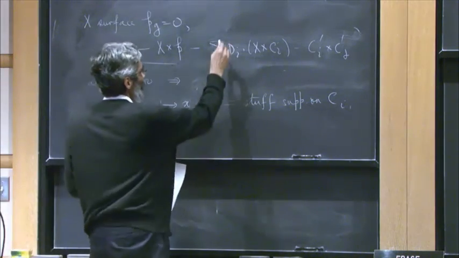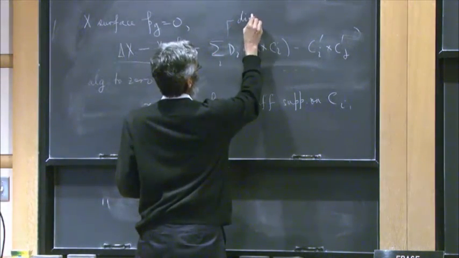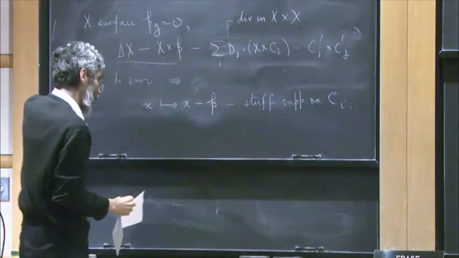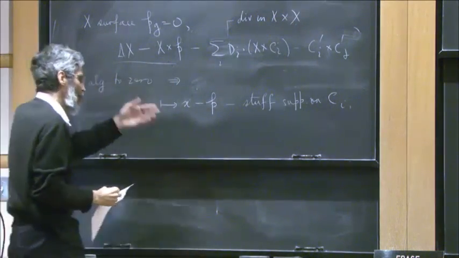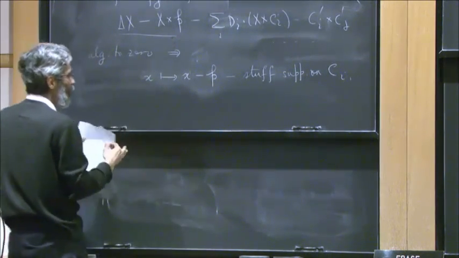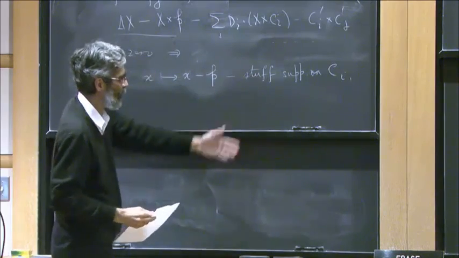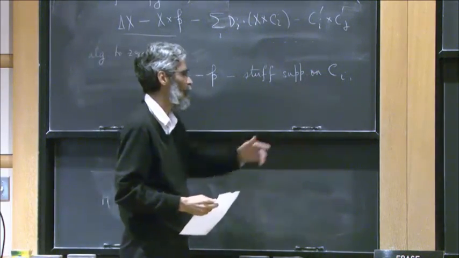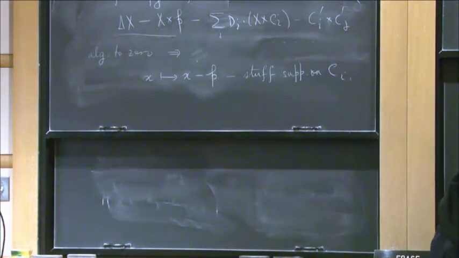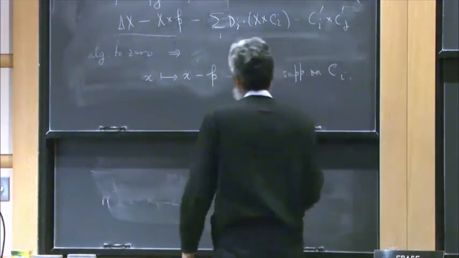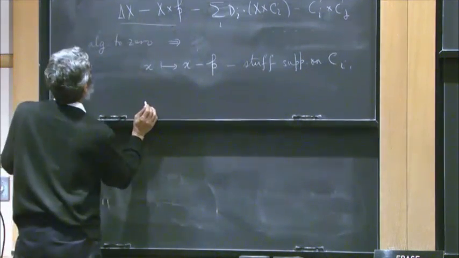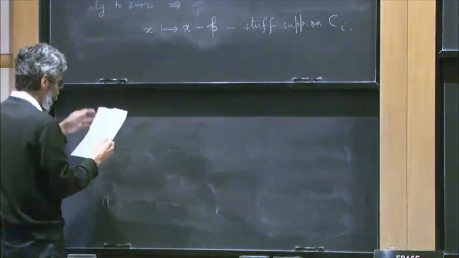The D_i I should have said is a divisor in X cross X. So the fact that this is nilpotent will tell you that everything is supported on this finite bunch of curves, which shows it's finite dimensional, and use Roitman to say that then it's the Albanese. Right? Okay, so that is one remark.